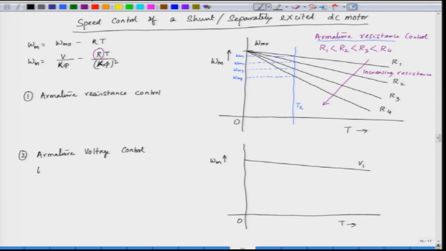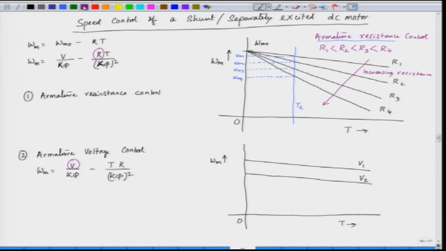So, we have omega m equal to V by k phi minus T R by k phi whole square. Here we change the armature voltage, this variable is changed. When we are changing V, the no load speed is changing, but the slope is not changed.